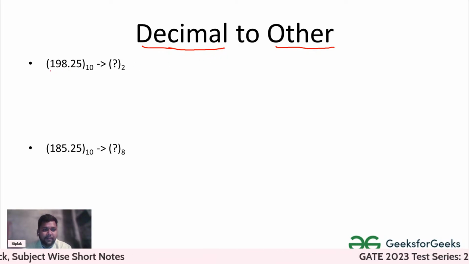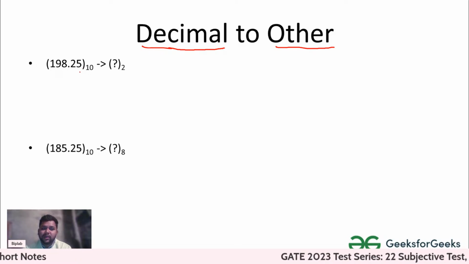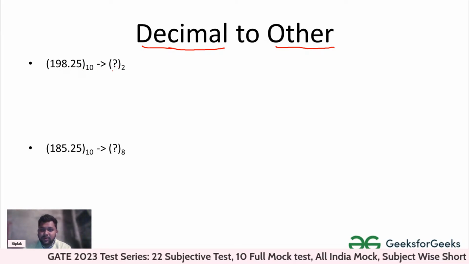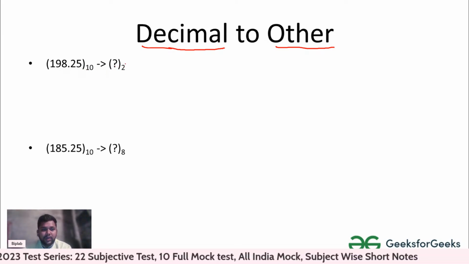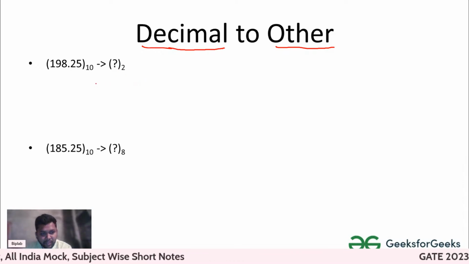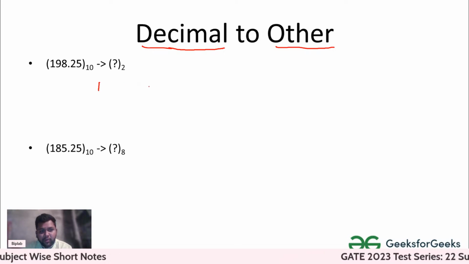For example, you are given a decimal number 198.25 and I want to convert it into a base 2 number. How can we do it? It can be any number, and I will let you know how you can generalize this process.